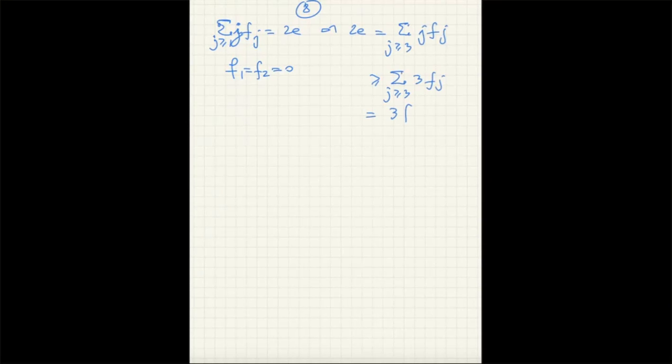You take 3 as a common factor and it's 3 times the number of faces. So 2E is greater or equal to 3 times the number of faces.